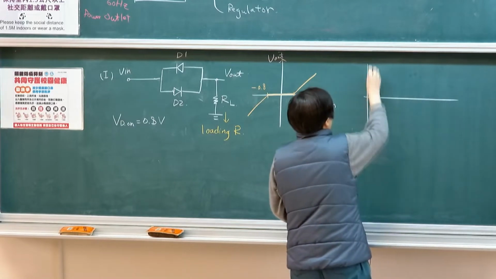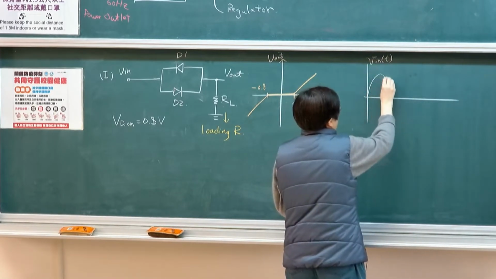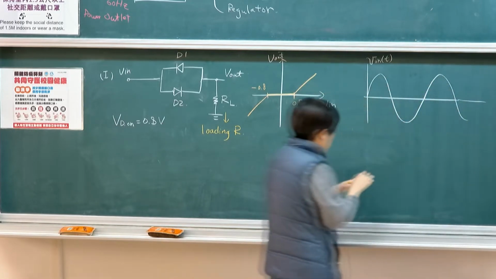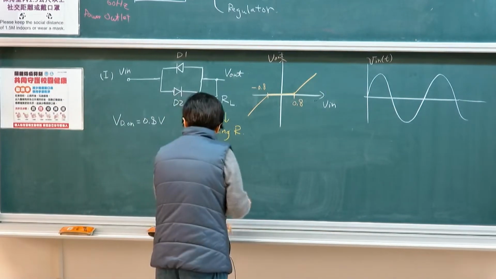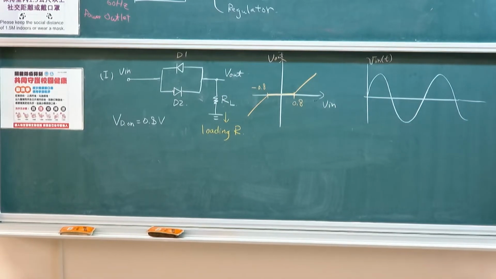And if I'm giving V in as a sine wave, you should know how it turns out at the output terminal, the V out. You should be able to plot the same thing on the same plot.